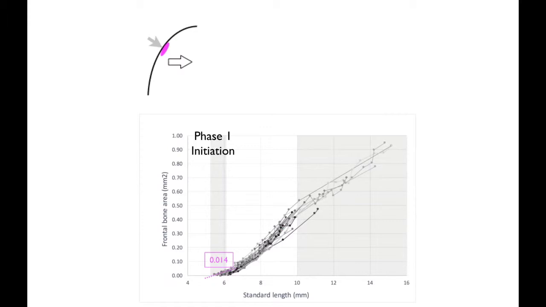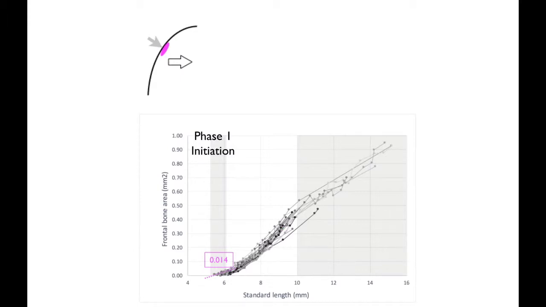For all of these measurements, we've taken the images that you saw in the last couple of slides and created a projection of the Z-stack from the confocal imaging of just the bone expression.